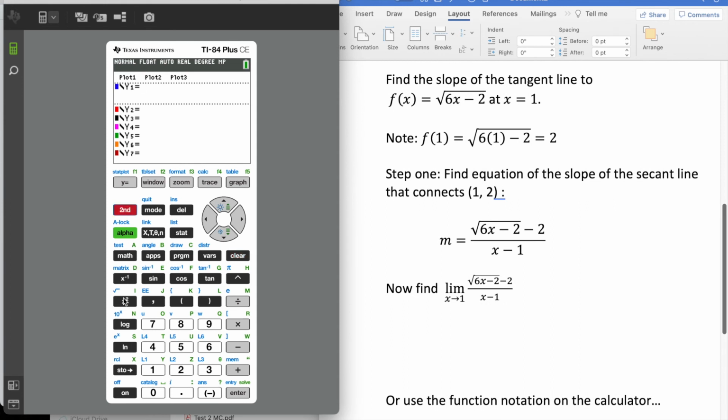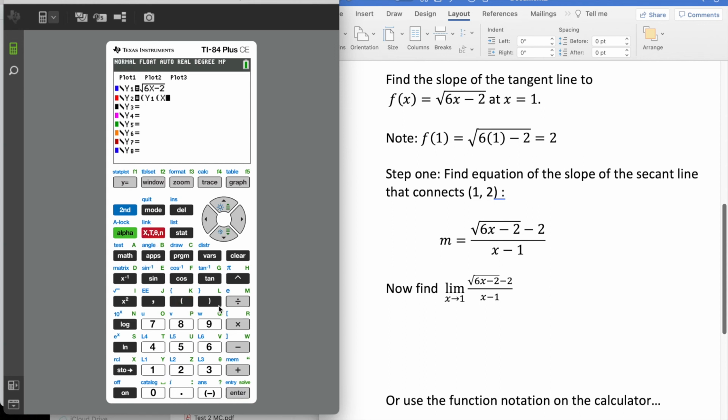Then I'll use the function notation on my calculator. I'm going to do that slope calculation again, so it's a fraction, so I need to start with my parenthesis, then go vars, y-vars, y1. y1 means the function that's on that first line.